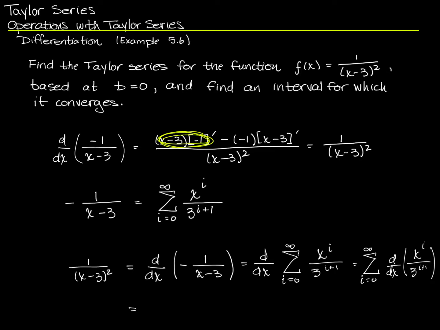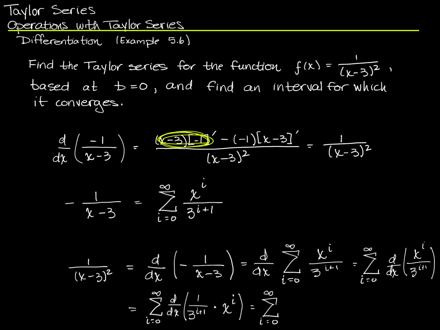Let's start by rewriting this as the derivative of 1 over 3 to the i plus 1 times x to the i. Then when I take that derivative, I have a product now. I have this first factor times this second factor. So I'm going to have the first times the derivative of the second.